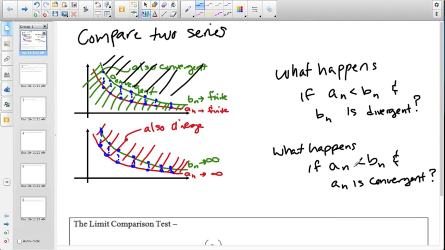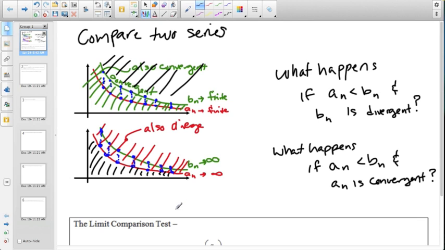Likewise, if we say A sub n is smaller than B sub n and A sub n is convergent, then everything in here converges. And if that's the case, then it's not saying anything about what happens above A sub n. So that leaves B sub n in an area where we can't draw any conclusions, just like out here, it leaves A sub n in an area where we can't draw any conclusions.